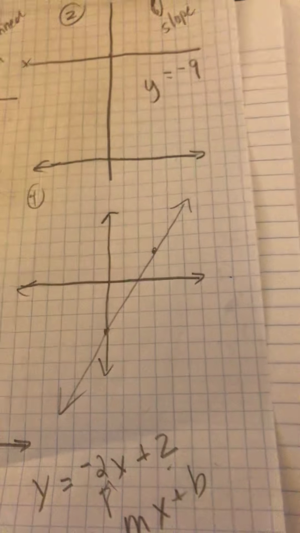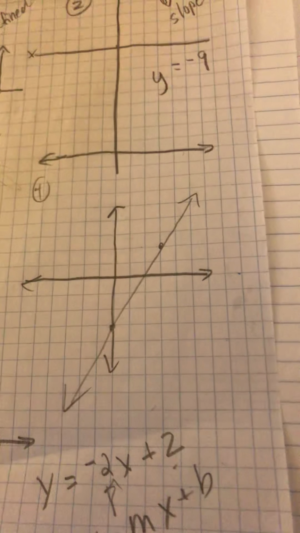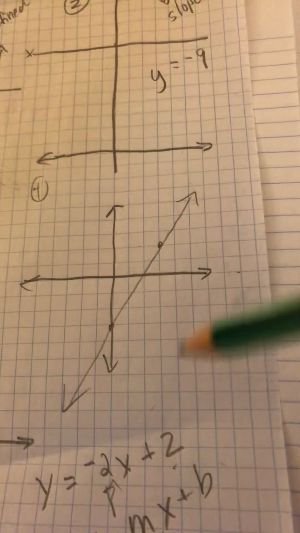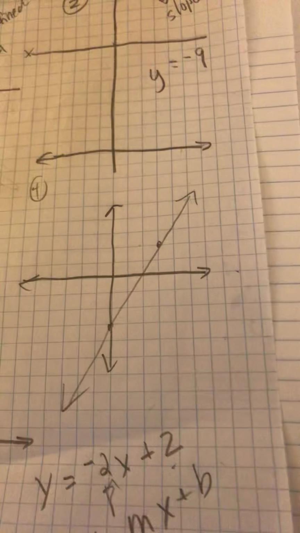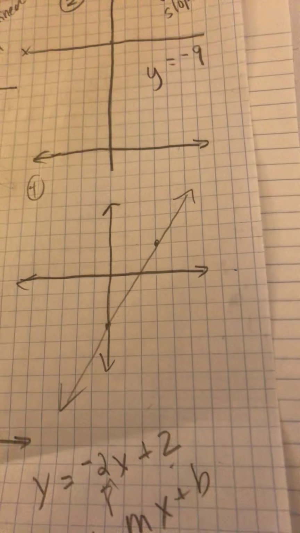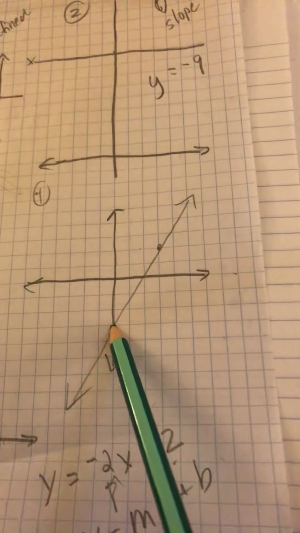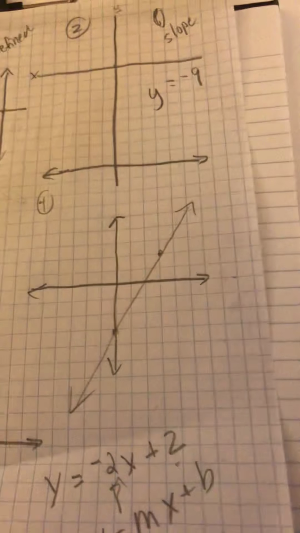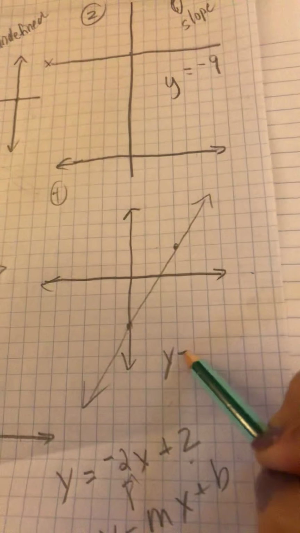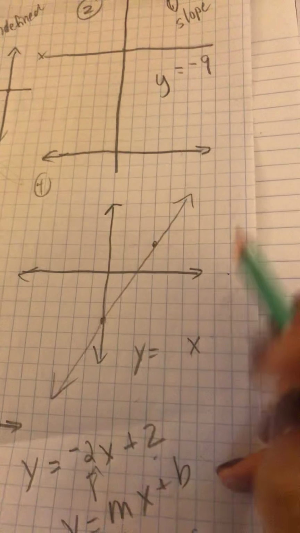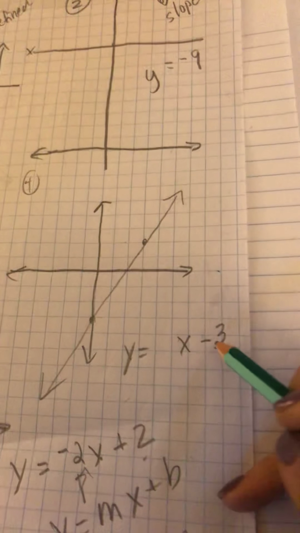How would you know where the y-intercept is? Well, it's where the line crosses the y-axis, and that's negative 3. Yes, it crosses the y-axis at negative 3. We don't know the slope yet, but we know the y-intercept is negative 3.